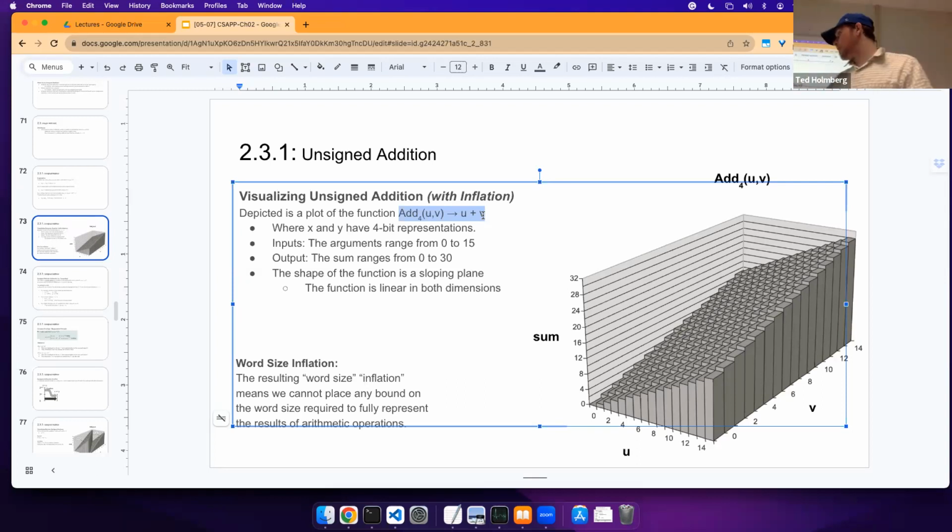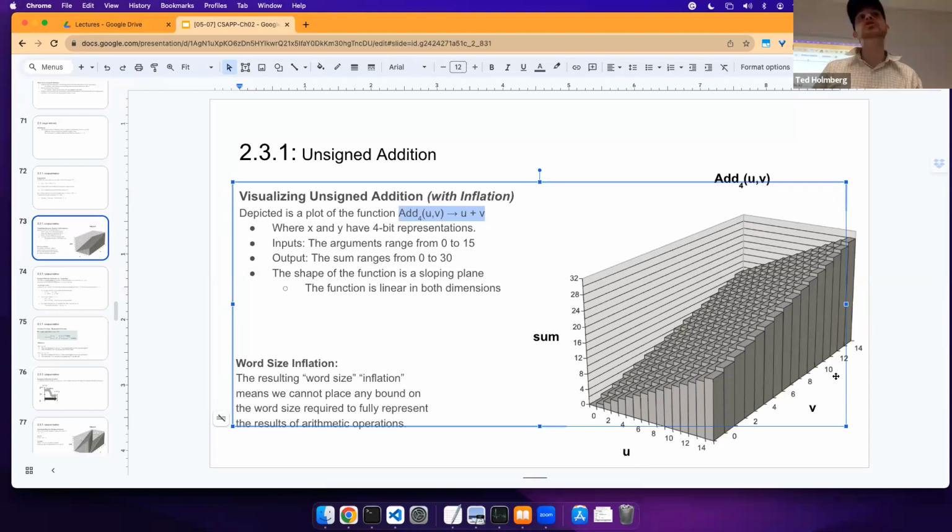So what you see here, I have my u, which represents the values I can encode with 4 bits, or with a word count of 4. And similarly here, I have my v, which is also a bit vector of word size 4, which means that I can have a minimal value of 0 or a maximal value of up to 15.